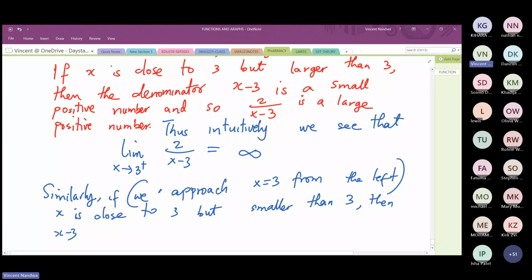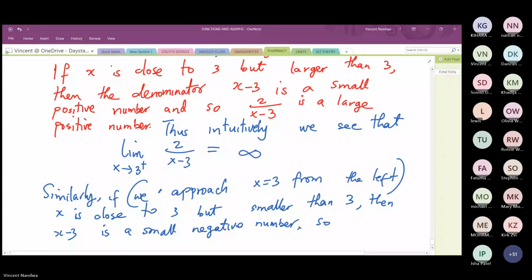Will it be negative or positive? Negative, correct. It is a small negative number.